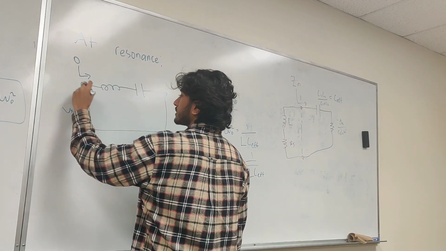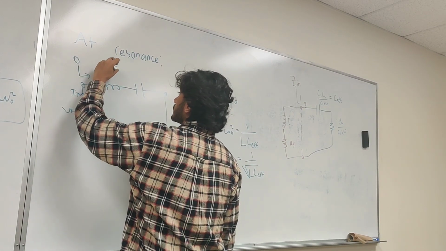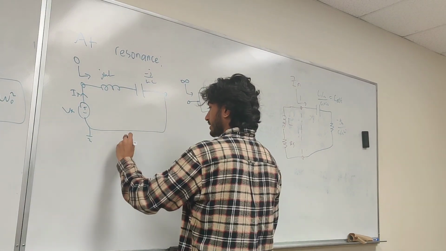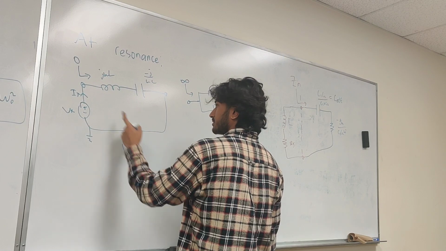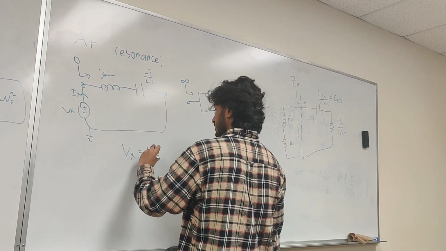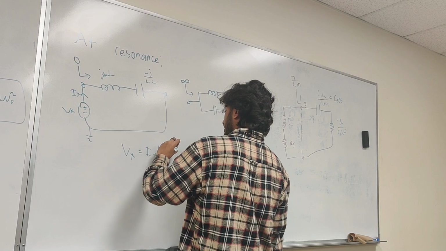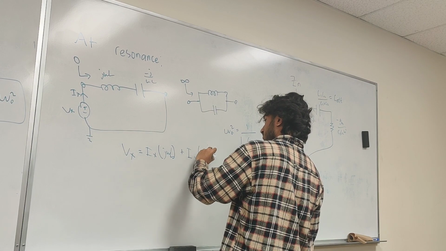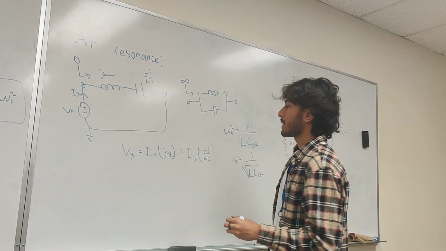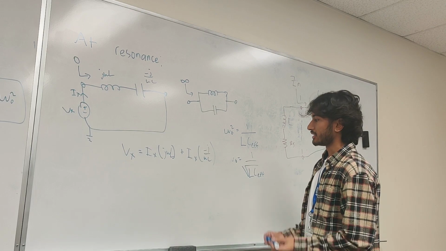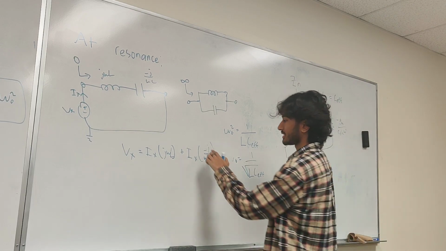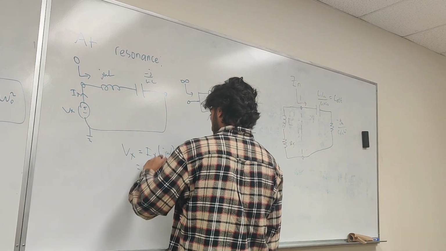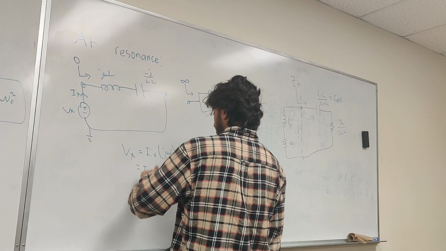So Vx is going to be equal to, let's call this Ix, times j omega L. We have this equation, and we notice that we can move this negative over here, and I'll move the j outside too.